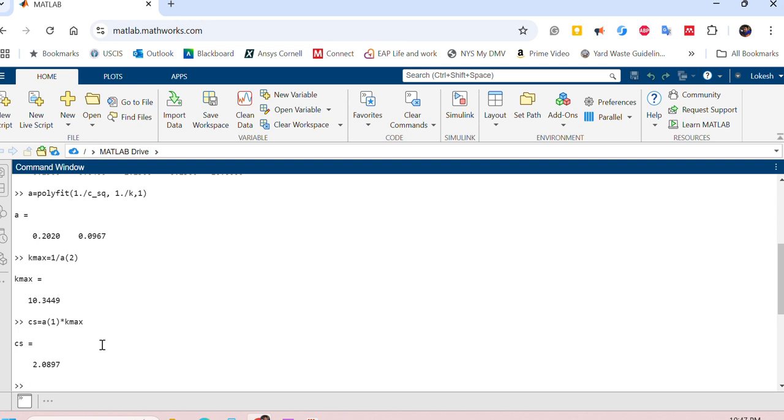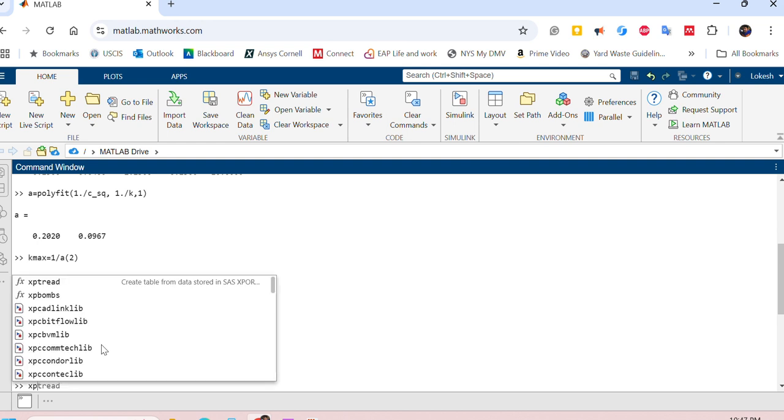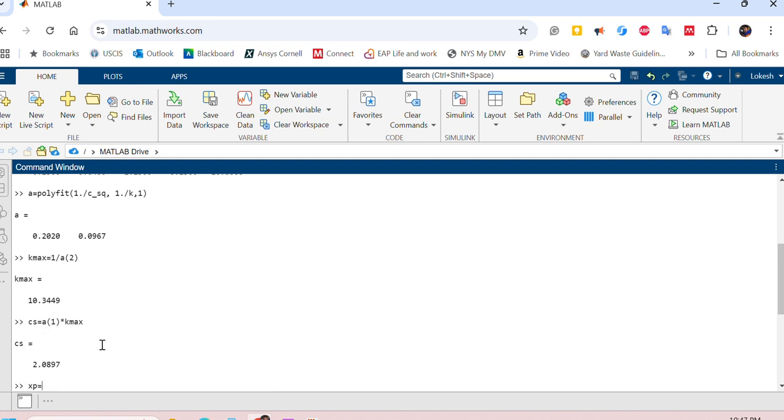So now I need some values for the xp to be put into the equation, so that will be comparable to c squared. My original c values were between the range 0.5 to 4, but remember when I squared those values, I should actually pull up that vector.